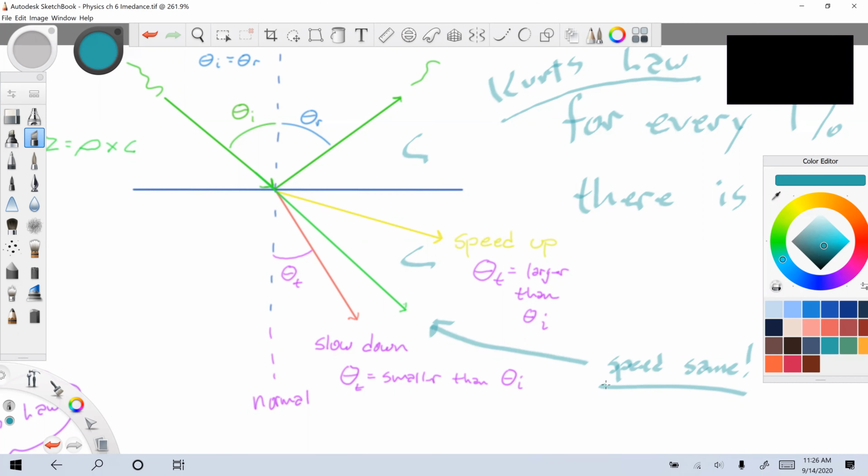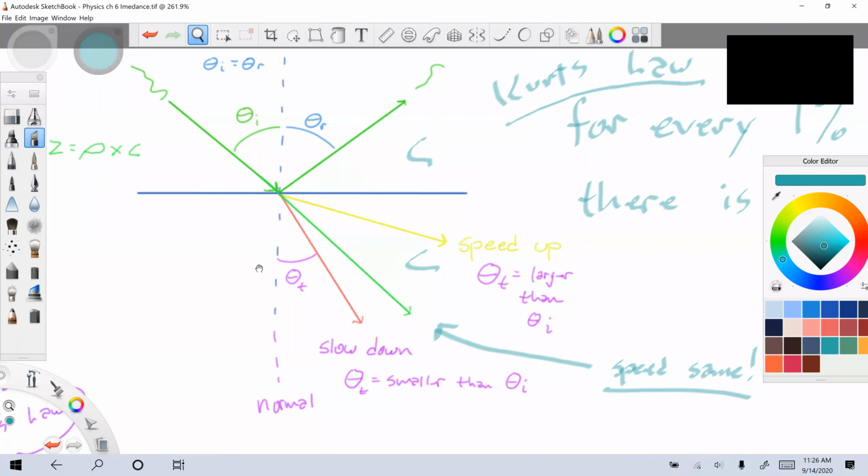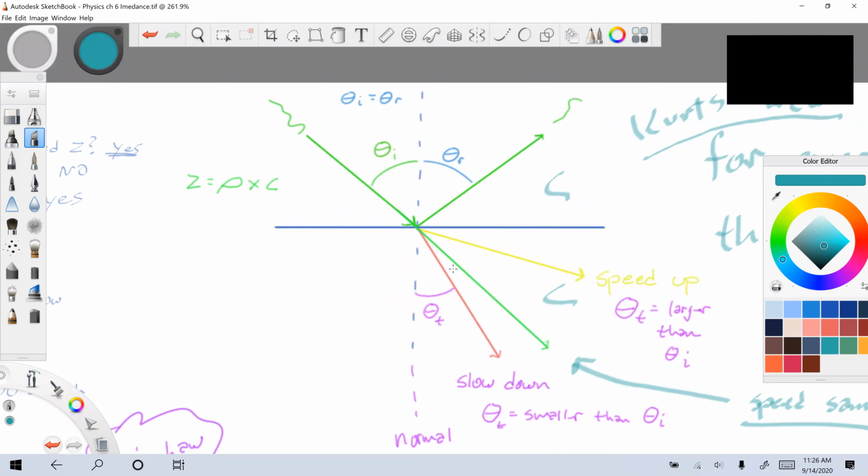So let's go back to this then. What does that possibly mean? Well, the density must have changed, but this between Z1 and Z2, otherwise there wouldn't be transmission. I'm sorry, I just said that wrong. Back up.